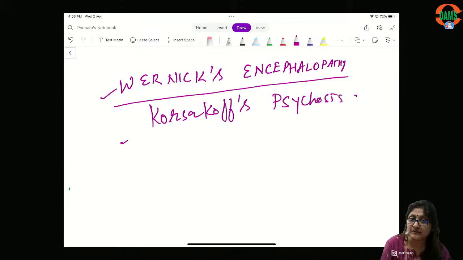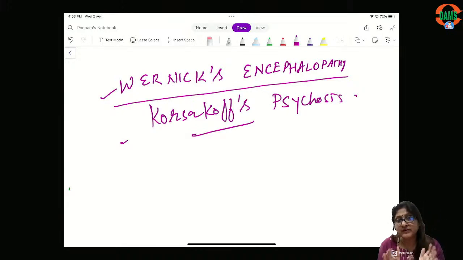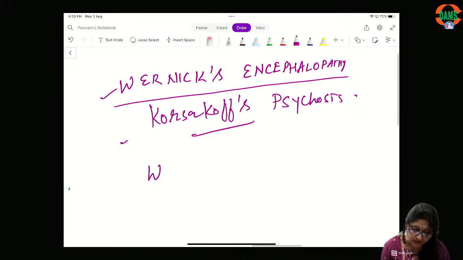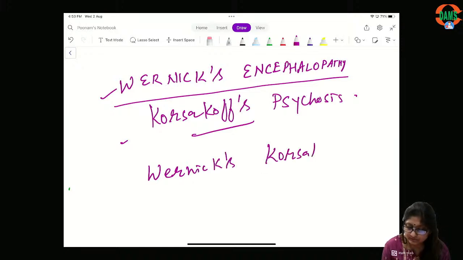Korsakoff named it at the same time Korsakoff psychosis. To avoid any confusion, they clubbed the name and started calling that presentation of severe B1 deficiency Wernicke-Korsakoff psychosis.